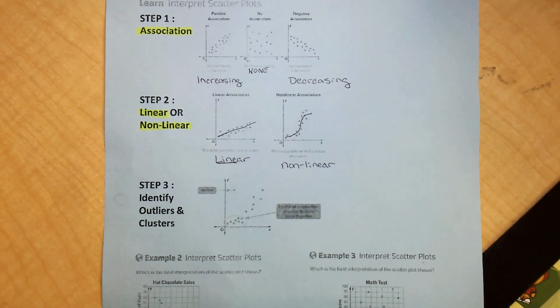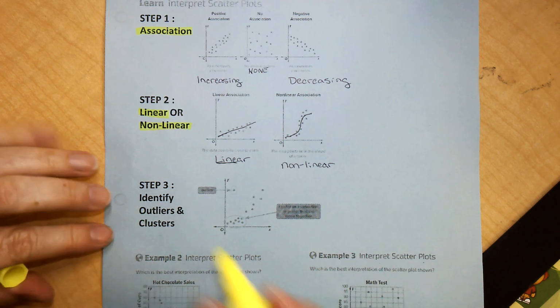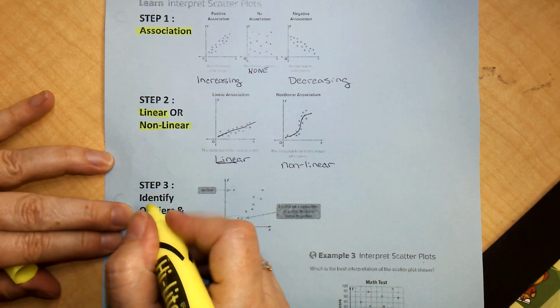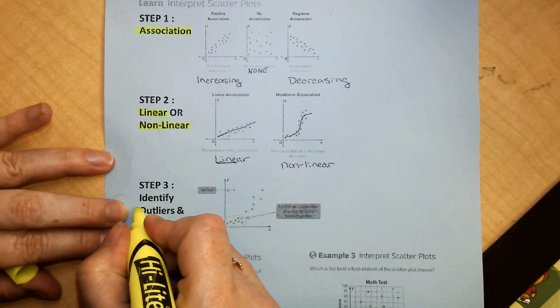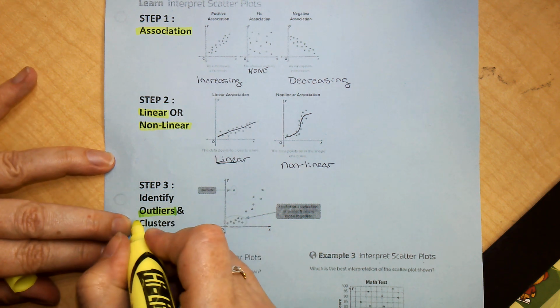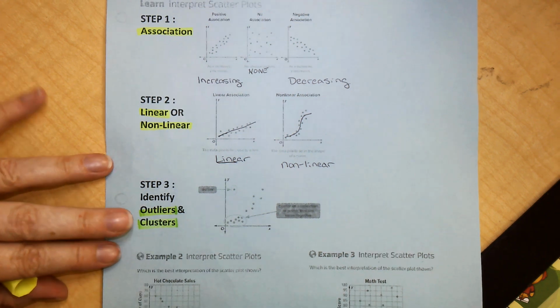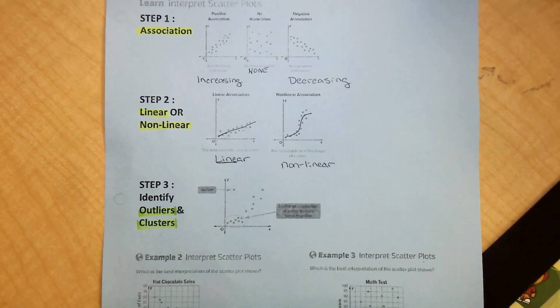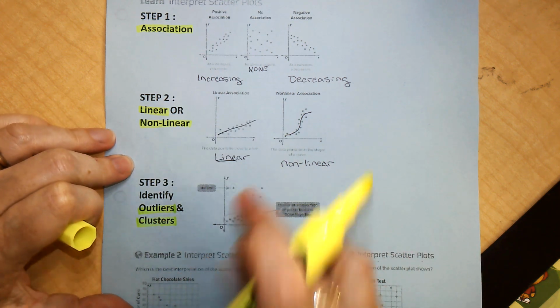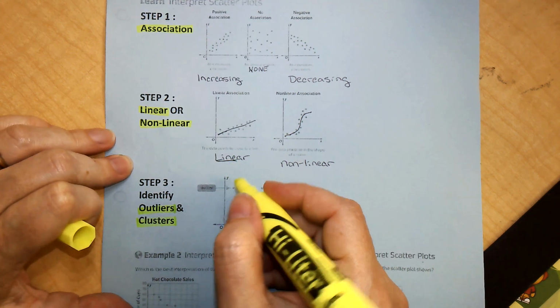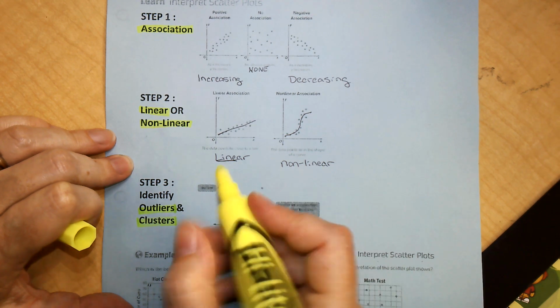Next thing, we are going to step 3. We're going to identify if we have outliers or a cluster, or both, or neither. So what is an outlier? Well, here's our data, and right here, you have this little guy.